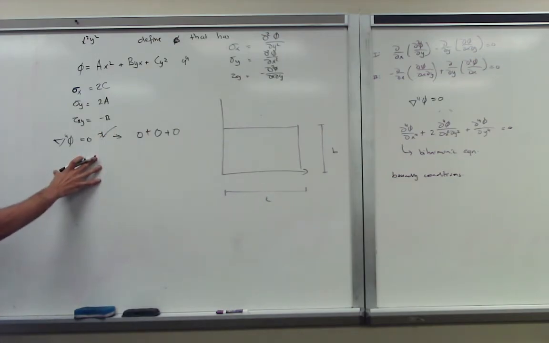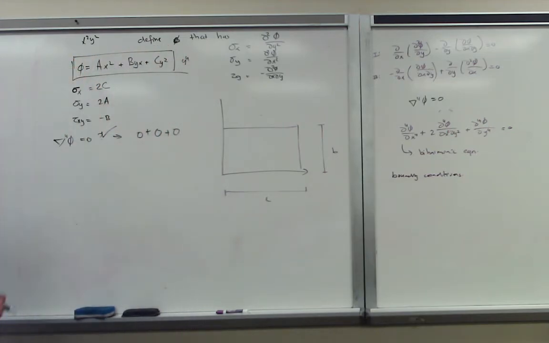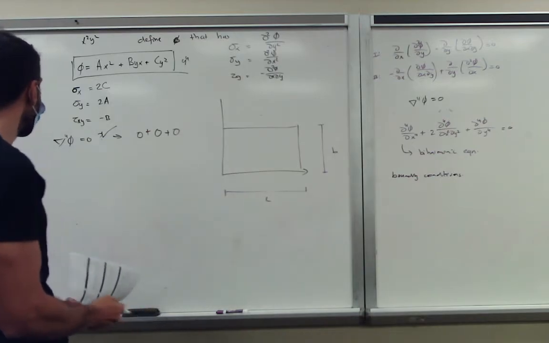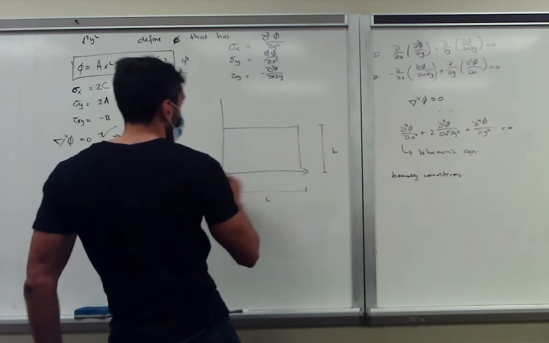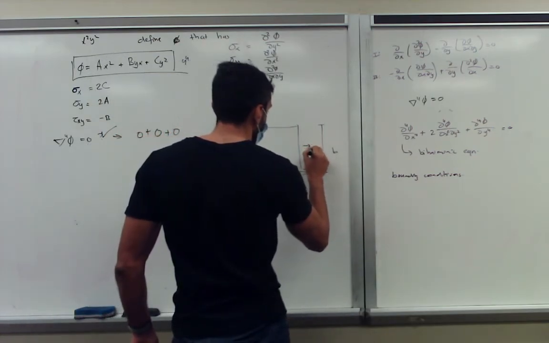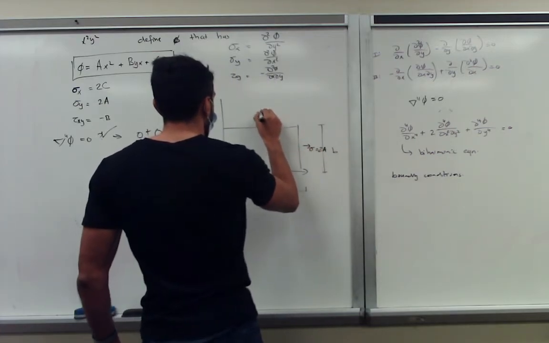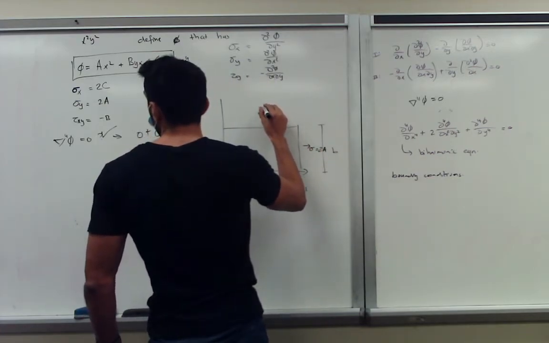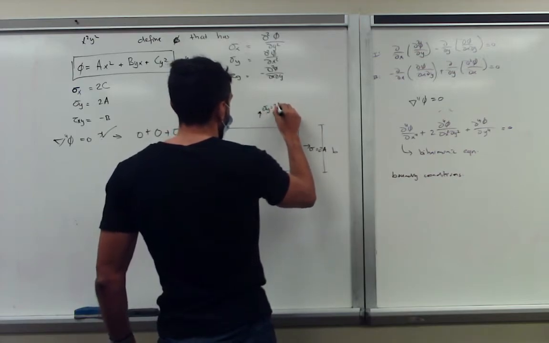So now I know this equation, I basically say, okay, what kind of boundary condition does it satisfy? It will satisfy a boundary condition similar to the following. So we have a constant stress. Sigma y is equal to 2a.